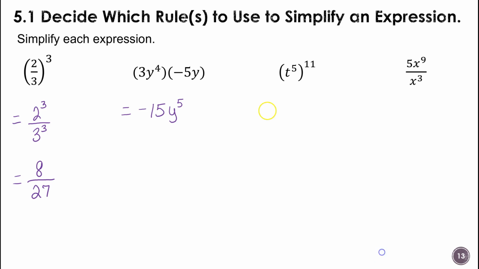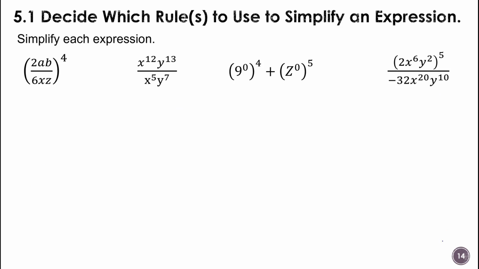Then next we have t to the 5th times 5 times 11, so t to the 55th power, right? Power to a power. On the last one, we keep the 5, and when we subtract our exponents, we get x to the 6th power.